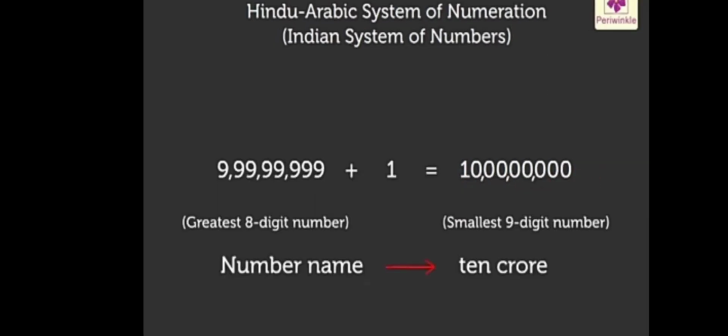The greatest 8-digit number is 9 crore 99 lakh 99,999, and we add 1 to this number. Then what will we get? We will get the smallest 9-digit number, and that is 10 crore.